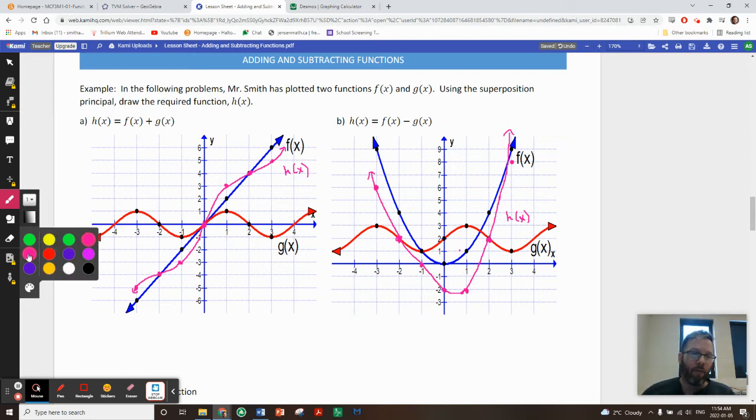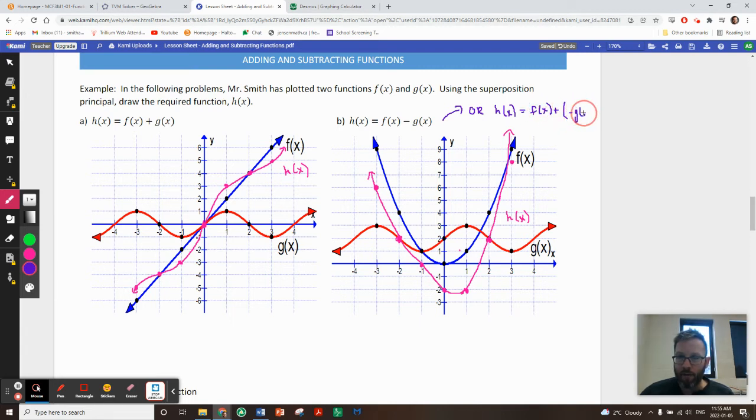Now, just before we move on from this example, alternatively, you could think of the difference of two functions as h of x is equal to f of x plus the negative of g of x.